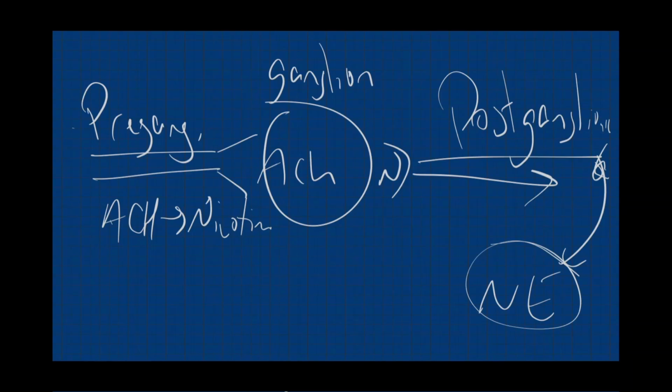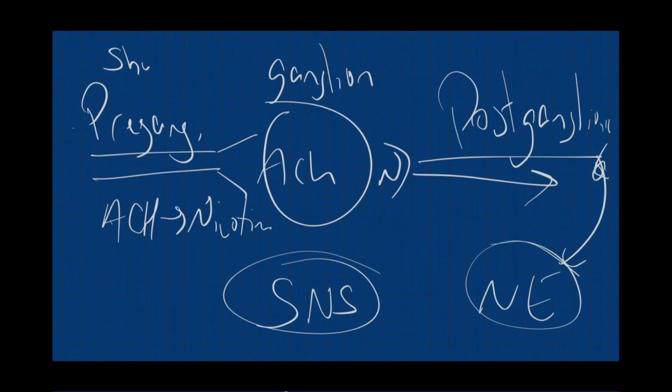So I kind of just drew it out. I'll have some more graphs a little bit later on that kind of explain it as well. But just so you know, I'll put SNS down here so we know that it's sympathetic nervous system. In the sympathetic nervous system, the preganglionic nerve is very short. The postganglionic in a sympathetic is very long.